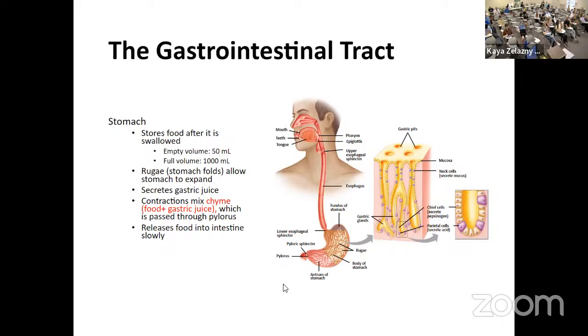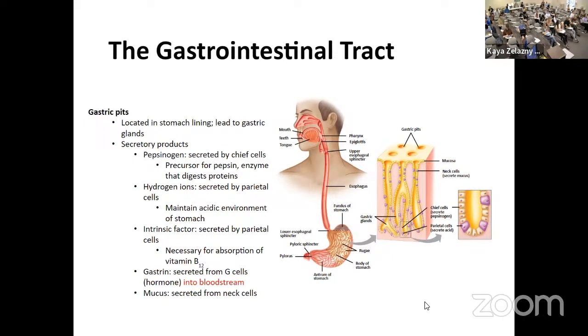So this is happening in the stomach. And then we are going to release our food slowly into the intestine as we have a sphincter at the end of the stomach, our pyloric sphincter here.